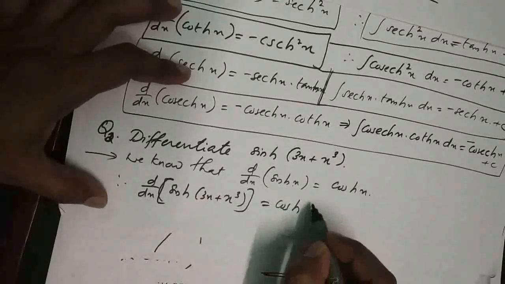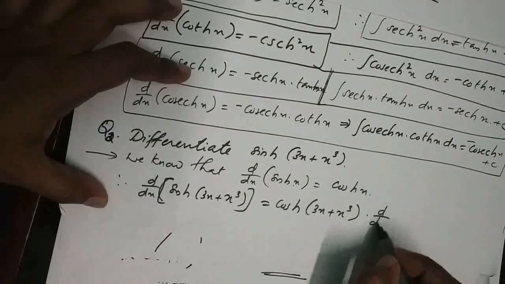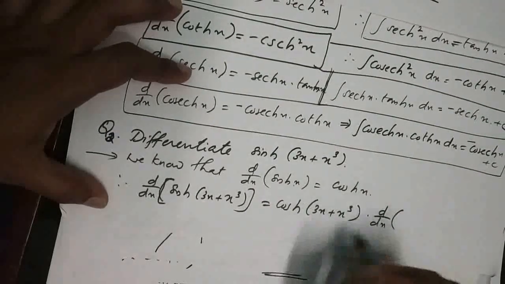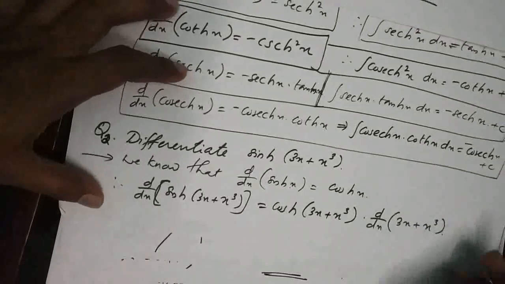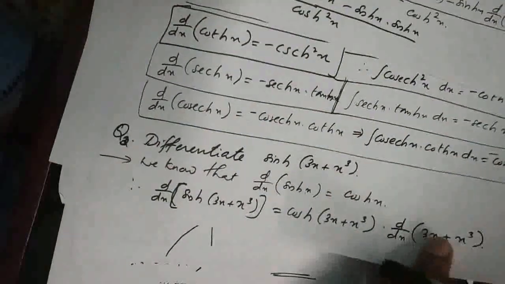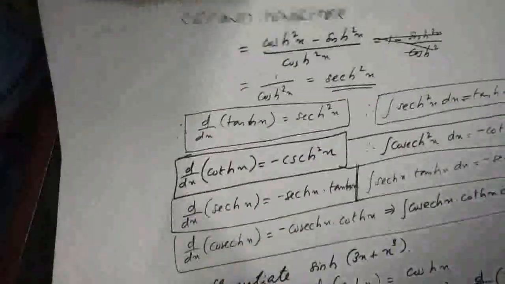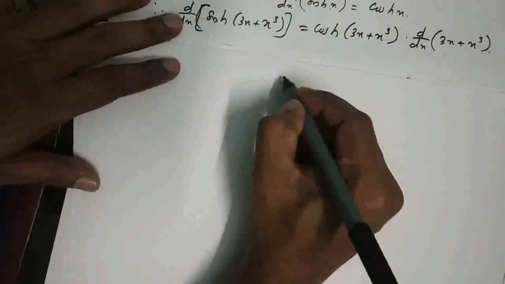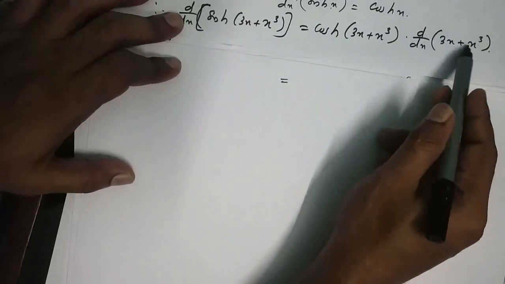cosh of 3x plus x cube into, by chain rule, into dy dx of 3x plus x cube. The derivative of this is 3 plus 3x square.